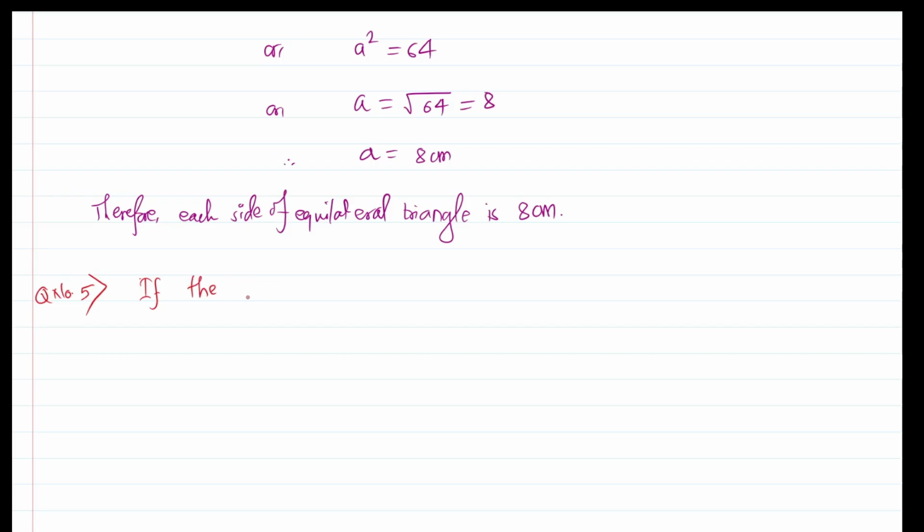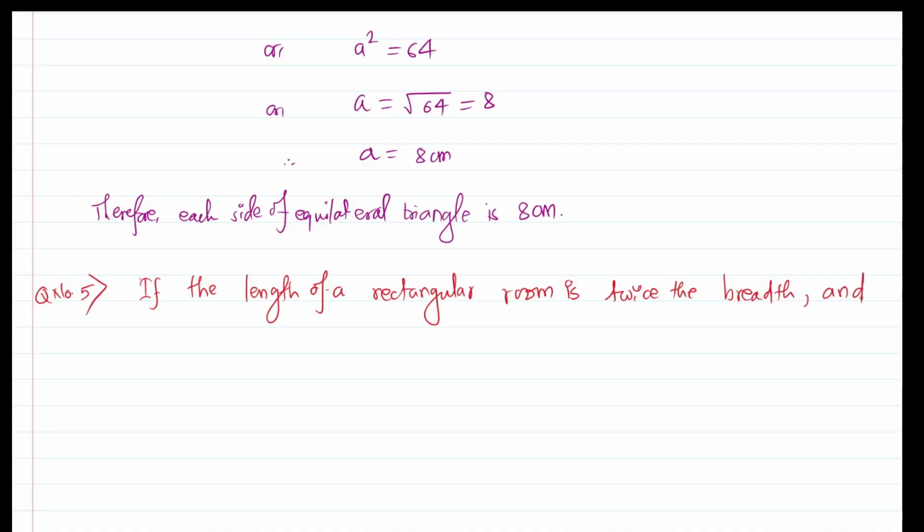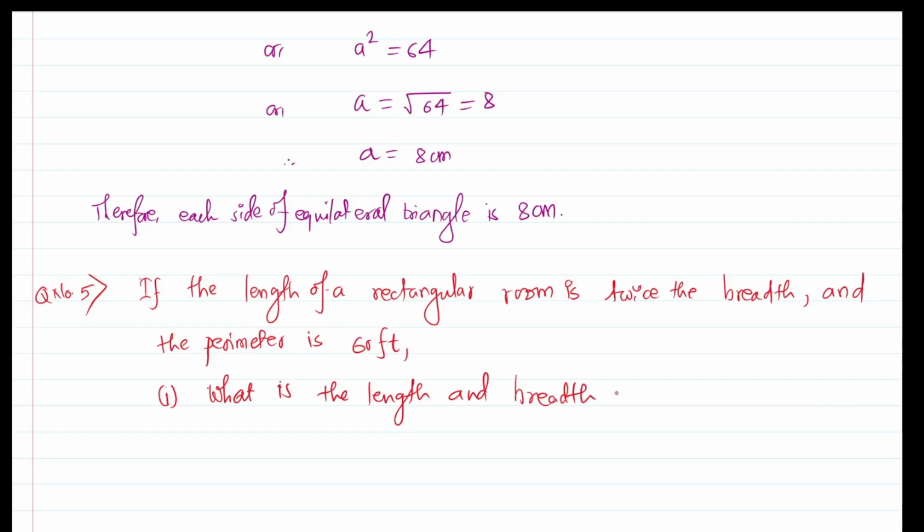If the length of a rectangular room is twice the breadth and the perimeter is 60 feet, what is the length and breadth of the room?